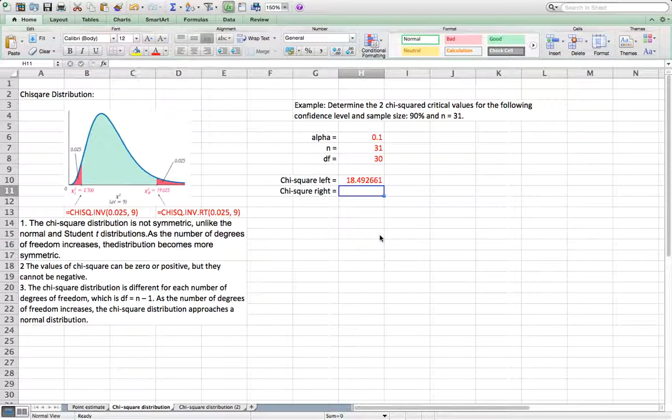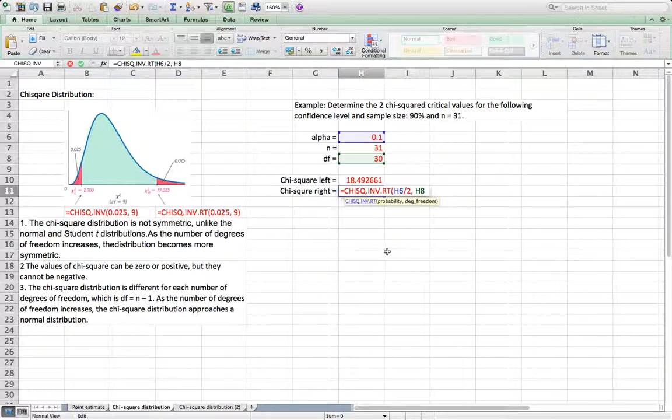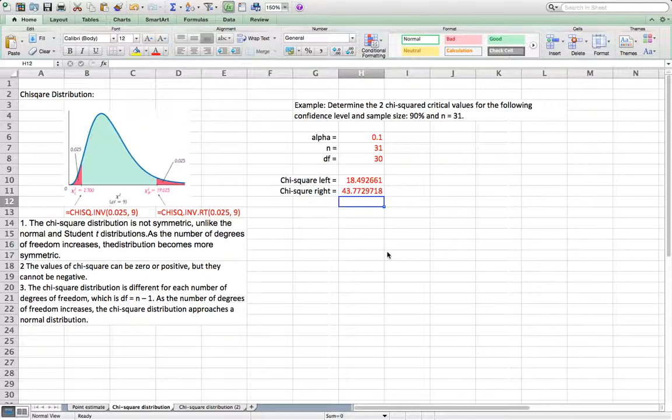Okay, so that's your left side. Then the right side one will equal CHISQ.INV.RT. Then the probability again is alpha over 2, alpha divided by 2. Then the degree of freedom will simply be the degree of freedom cell. Okay, so you have this.